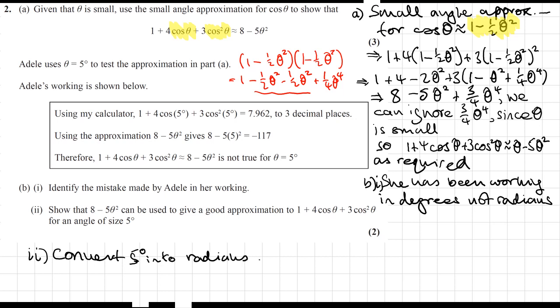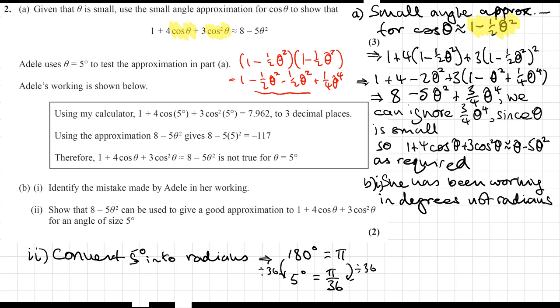Now I always use the fact that 180 degrees is equal to pi radians. I want to find 5 degrees in radians, so I just need to work out what I divide by. So let's do 180 divided by 5. So I divide by 36, and then basically that means that 5 degrees is equal to pi over 36. So pi over 36 is what we're going to put into our approximation.